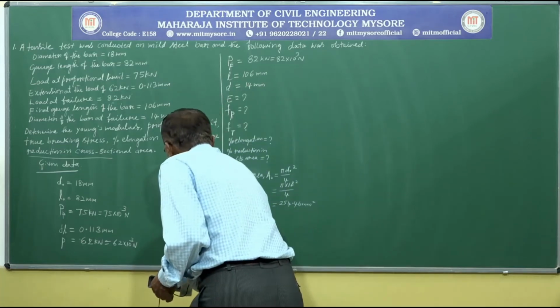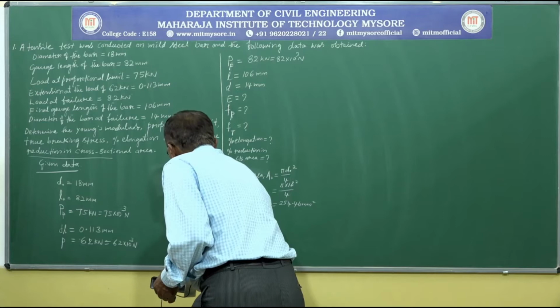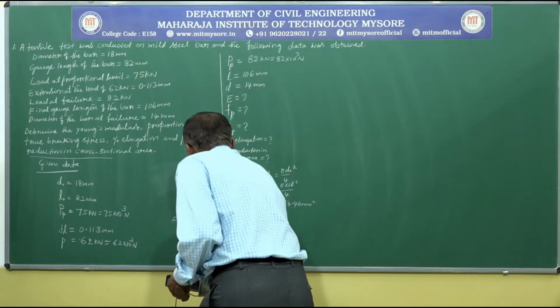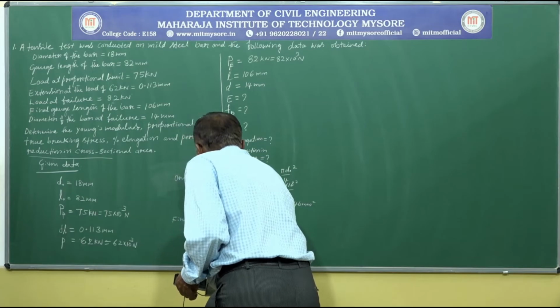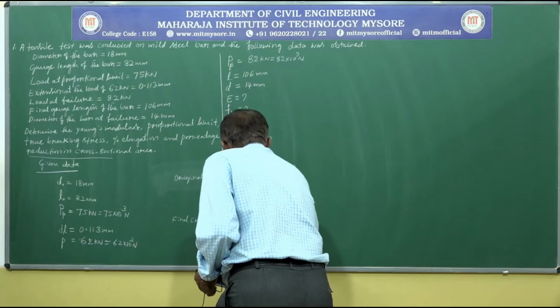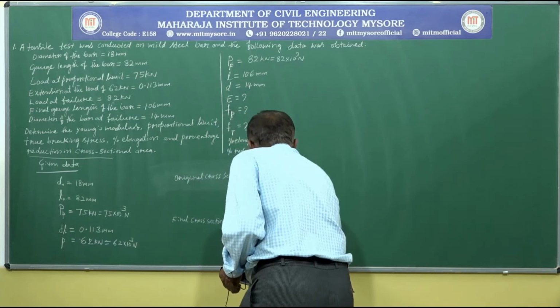Then the final cross sectional area: A is equal to pi d square divided by 4.